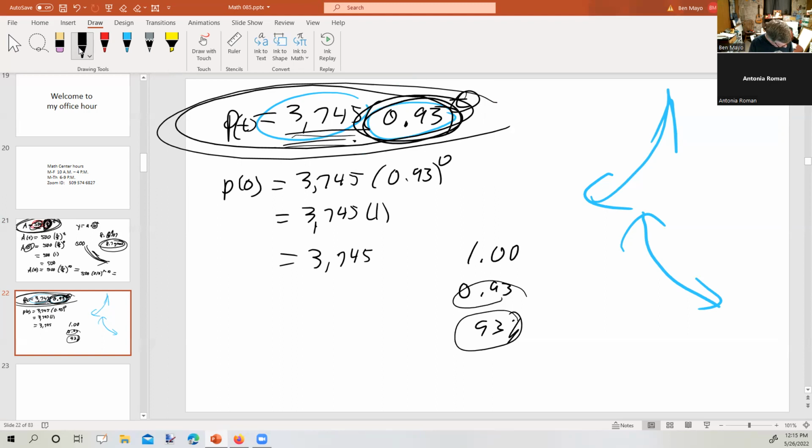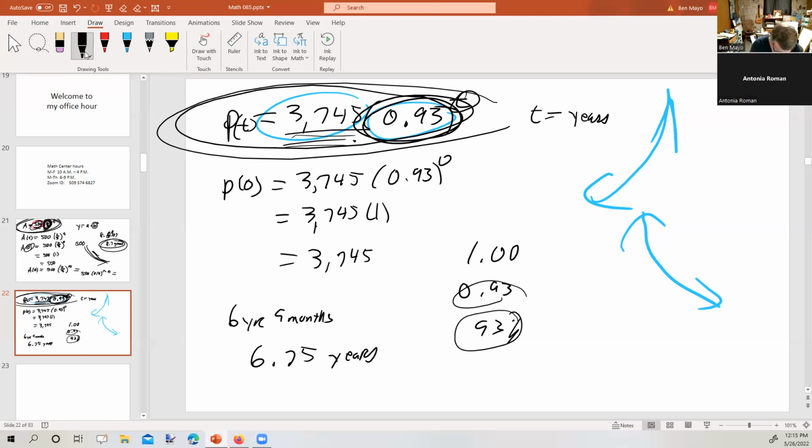It says find the population in 6 years, 9 months. All right, time is measured in this problem in years. So 6 years, 9 months would be 6.75 years, because 9 months would be 9/12 of a year, or 0.75 years. You okay with that?